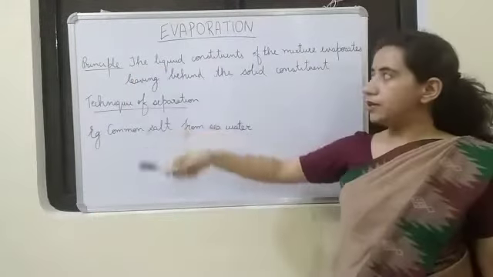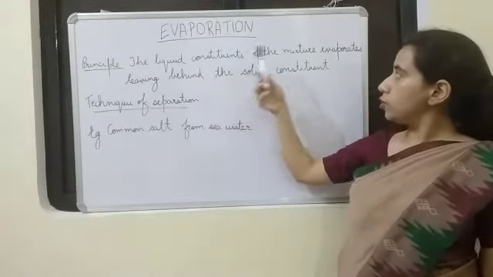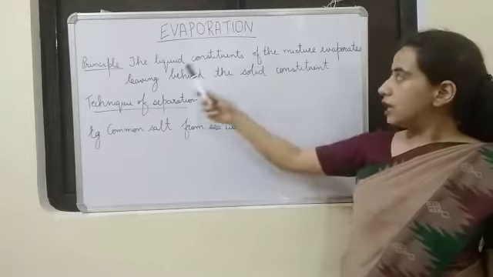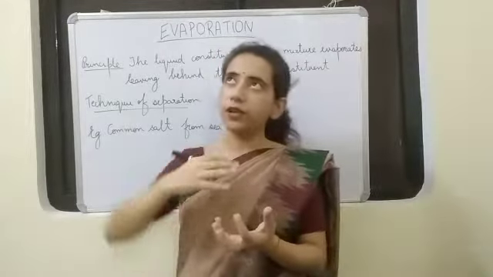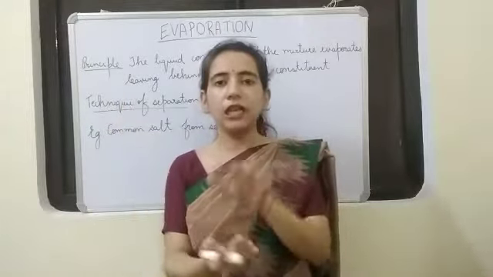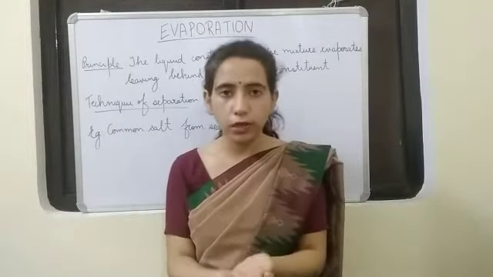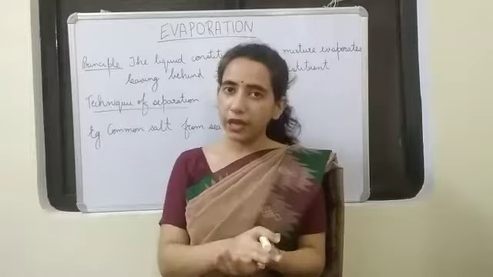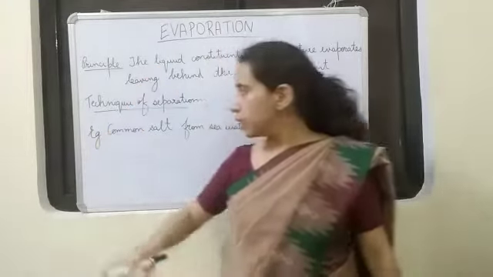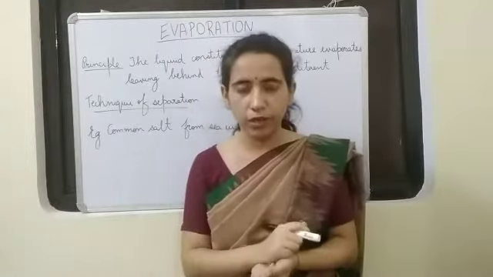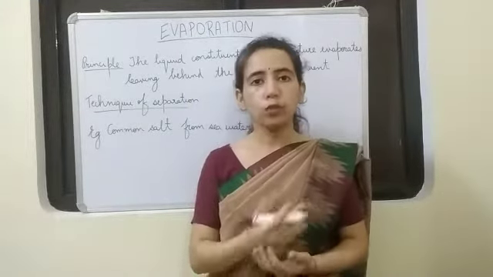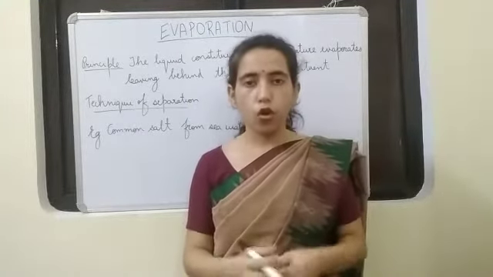So the principle is, the liquid constituent of the mixture evaporates, leaving behind the solid constituent. So what will happen? The liquid will evaporate, forming vapors, leaving behind the solid constituents. Solid will be left and the liquid will go away. Then what is the technique of separation? We will take that solid liquid mixture. Suppose you are taking common salt and water.